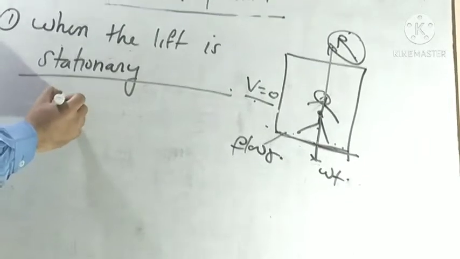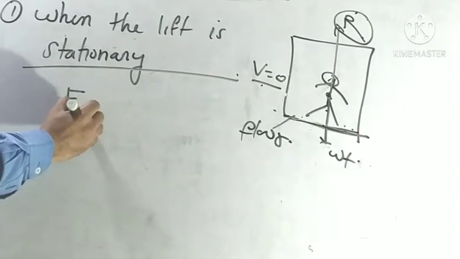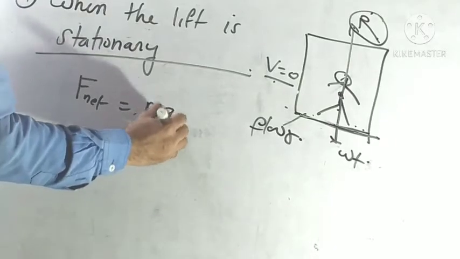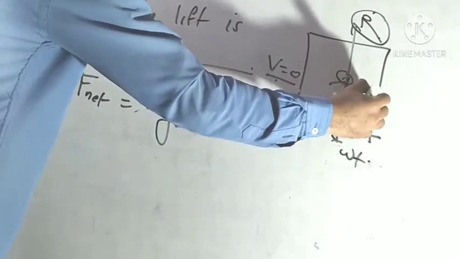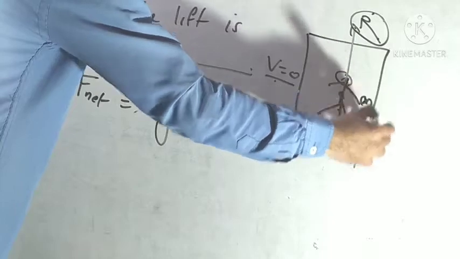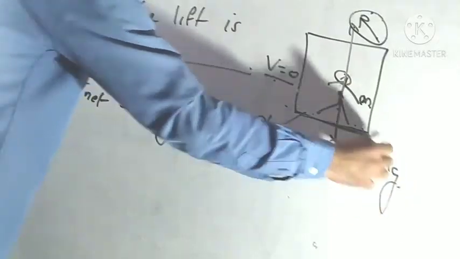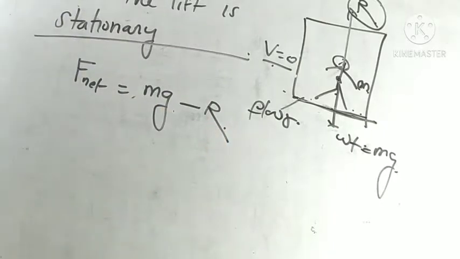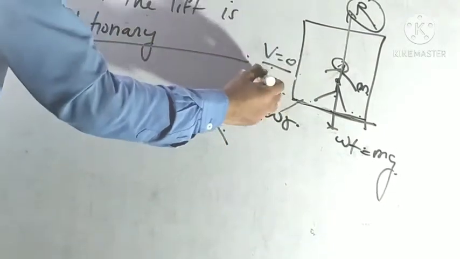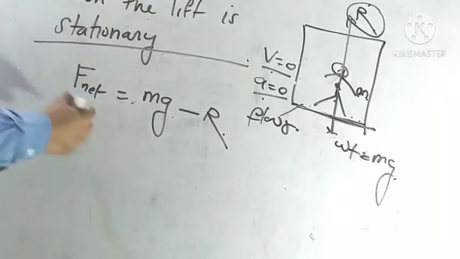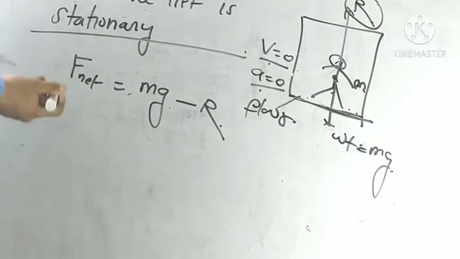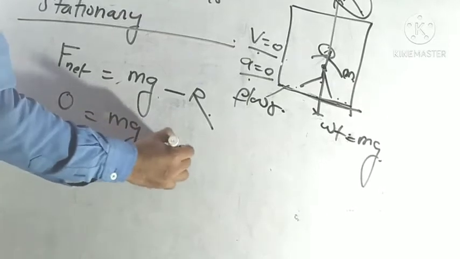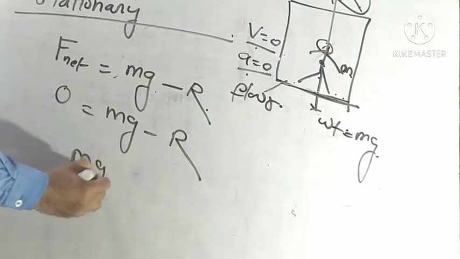The net force is mg minus R. But here velocity is 0, so acceleration is also 0. We know force is mass into acceleration, so it becomes 0. So mg minus R equals 0, and mg is equal to R.